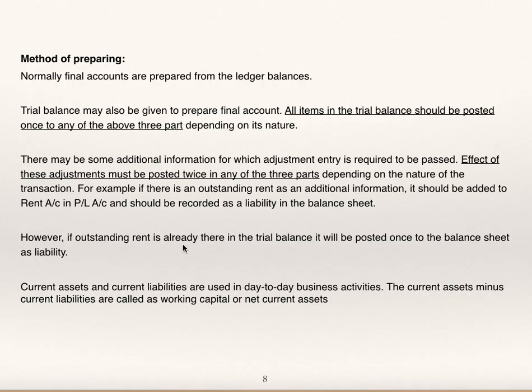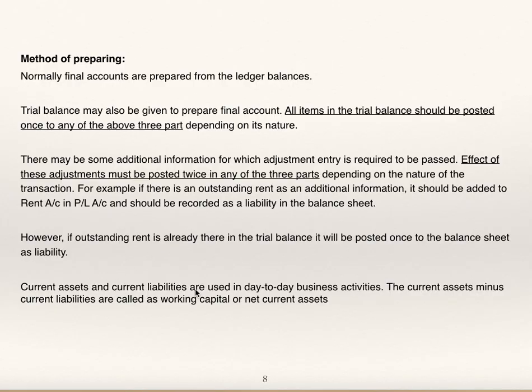However, if outstanding rent is already there in the trial balance, it will be posted only once, to the liability side of the balance sheet. If prepaid insurance is there in the trial balance, it is to be shown on the assets side only once. If depreciation is there in the trial balance, it is to be shown only once, to the debit of the profit and loss account.